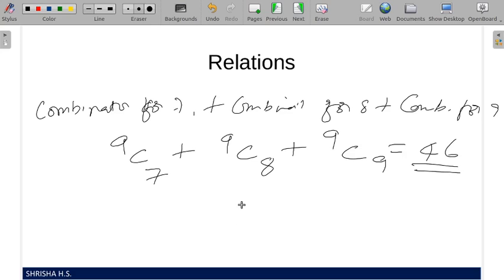At least 7 means whenever it is 7, 8 or 9, because maximum is 9. So 9C7, 9C8 like that. At least means starting from that number till the maximum number, all the possibilities you have to add.